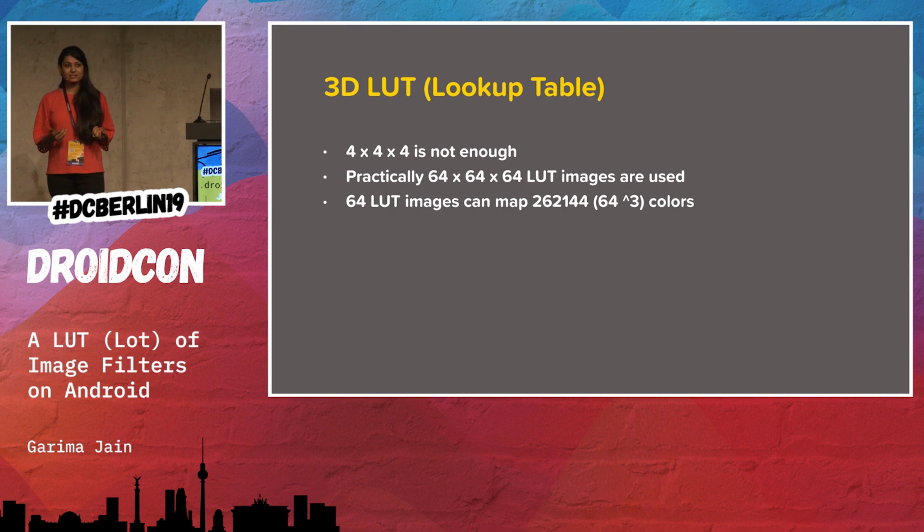Practically, 64 cross 64 cross 64 LUT images are used. 64 LUT images can map around 2 lakh colors. We could also go with higher images like 256 cross 256, but those require a lot more memory to store, and that is why practically this 64 LUT is used widely.